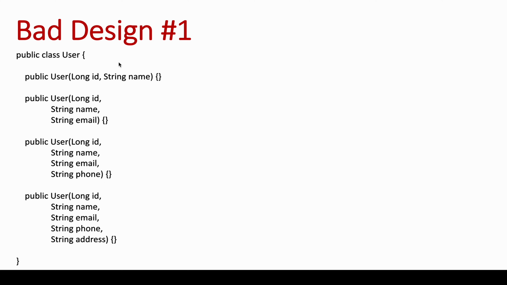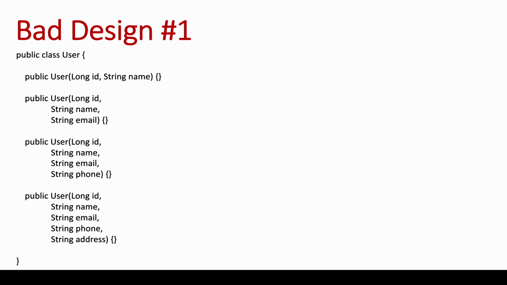This is one of the bad designs. We have the user class and then we have a lot of parameterized constructors: for ID, name; for ID, name, email; ID, name, email, phone. This is a very bad design. What if new fields are added?